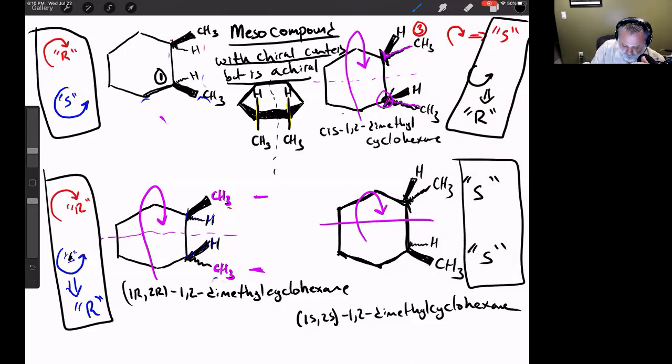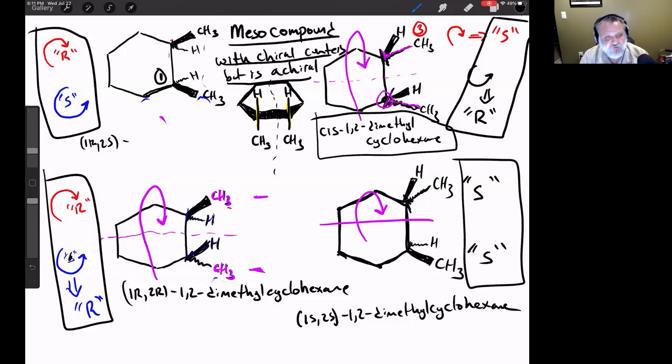It would certainly be all right to go 1R,2S-dimethylcyclohexane. But the bottom line is that it really does depend on the numbering. And since it's a meso compound, the best descriptor, in my opinion, is to just use cis for this case, because there's only one version of it.